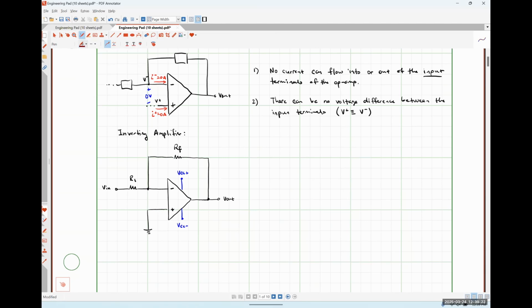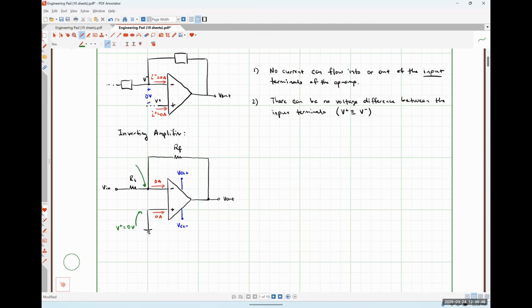So for this particular circuit, if I apply op amp rule number 1, I'm just going to indicate here that this current is 0 amps and this current is 0 amps. I can see, I hope pretty easily, that the voltage present at my non-inverting input node V plus is going to be 0 volts.